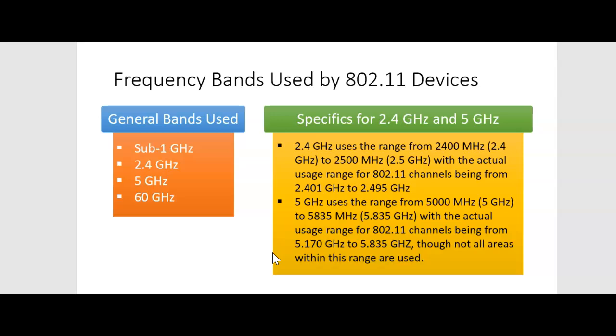Now, granted, not all regulating bodies utilize all the areas within those bands, but just know that those are some of the frequencies that are used. So keep that in mind.